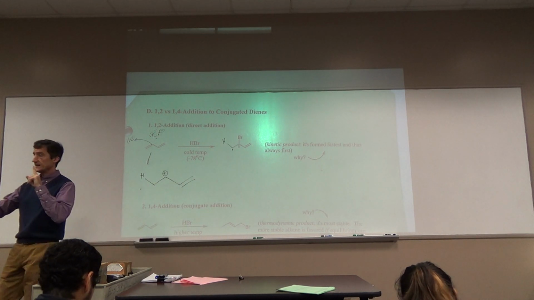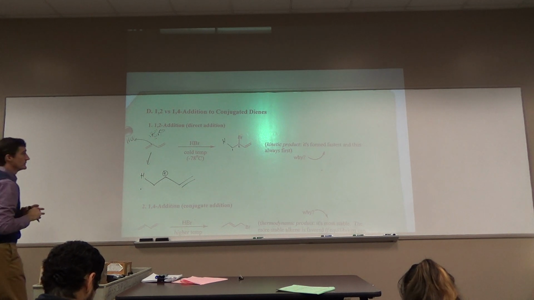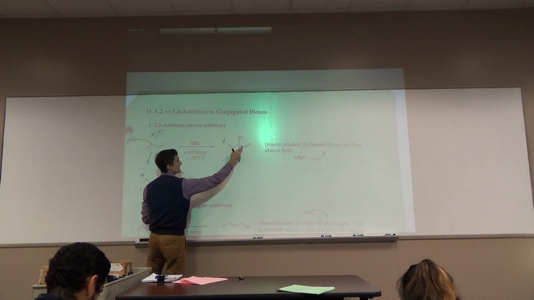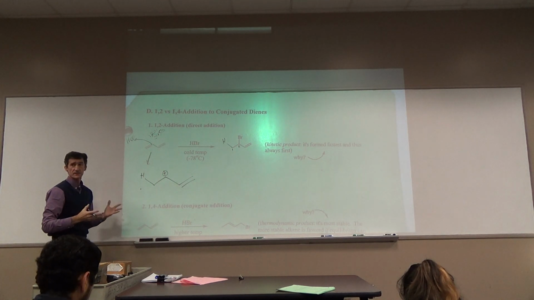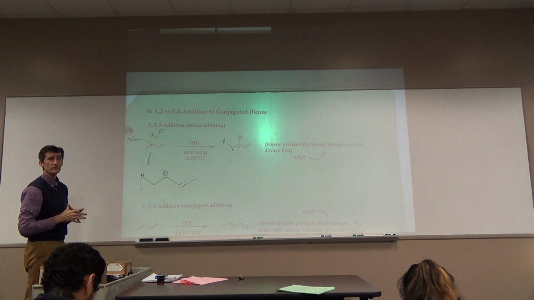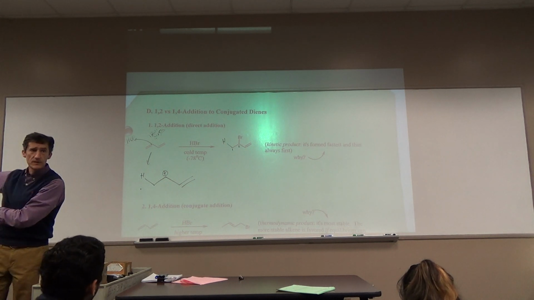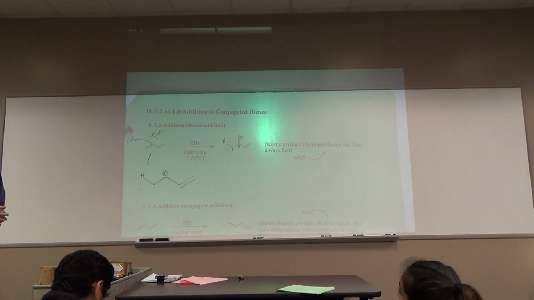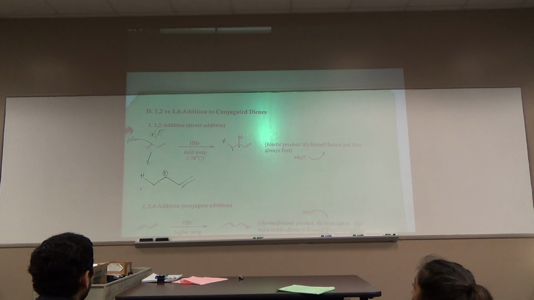So things have added in a 1,2 relationship. We've also done an addition because we've added HBr. So this is an example of a 1,2 addition. It's also known as a direct addition. We'll explain further why. All those reactions we did for the past months, those were all 1,2 additions. They were all direct additions. We just didn't use this terminology.